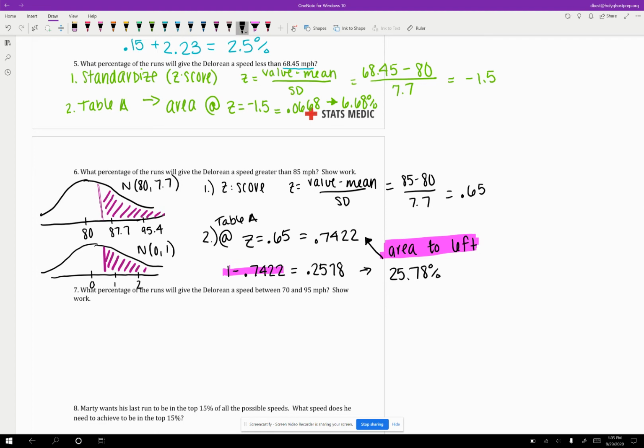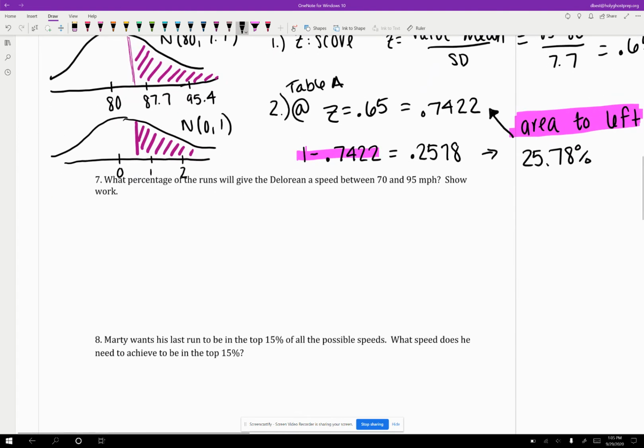Or you'll get a problem like number 7 here, where we're looking for the value between two numbers. So again, I can sketch my bell curve just so I know what I'm looking at. And it's good to draw your bell curve standardized and unstandardized because you'll be able to see kind of z-scores you should be expecting. So I know 2 standard deviations above it is 95.4, which means this z-score would be just below it.